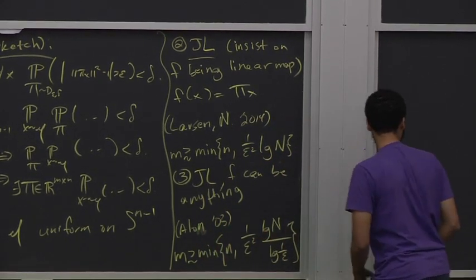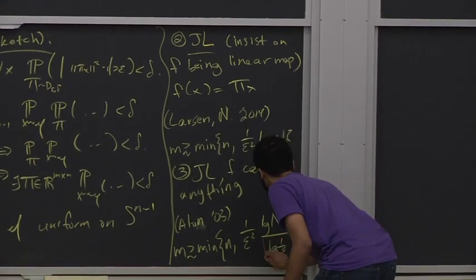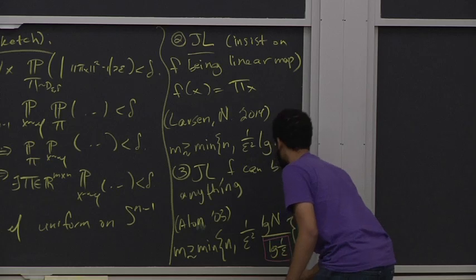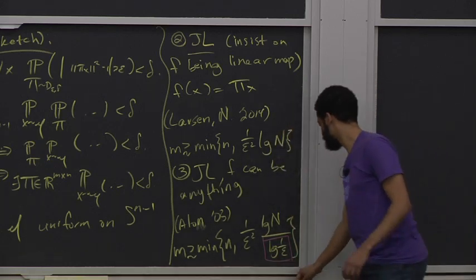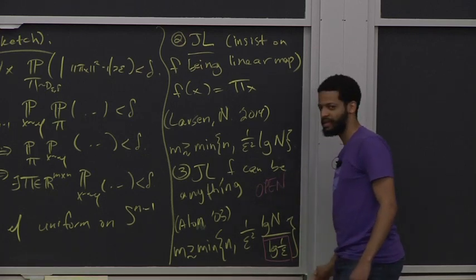So there's an open problem here, and the open problem is basically to remove this log 1 over epsilon.